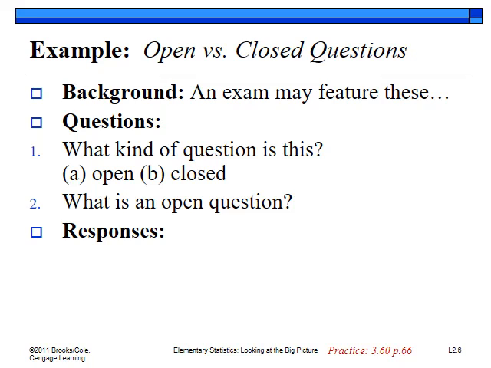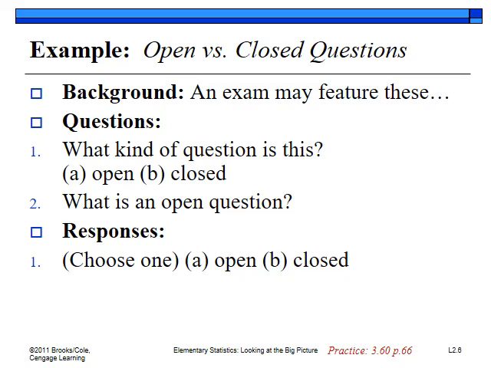You can think of that open as in open-ended. A closed question only permits a finite number of responses. Multiple choice questions, true-false questions, questions that ask you to choose from among a list of options, those are all closed questions. So, number one is a closed question because we only have two options.